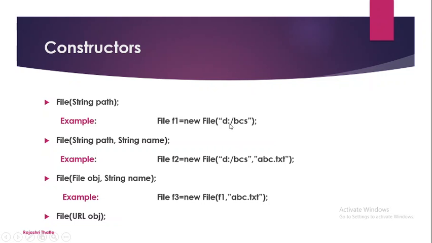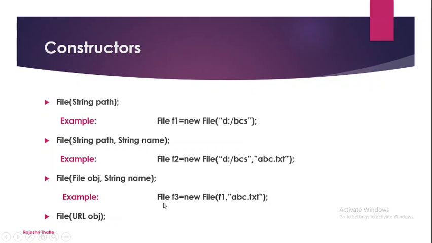But let us consider that a big path is there, like d:/bcs/ty/same5 or whatever, a huge path. I would have to remember each and everything, the complete track of the path. Instead of that, if I use f1 directly to create the next object, it will be easy. That facility is also provided by the File class constructor: File object, comma, String name, where name indicates the file name.